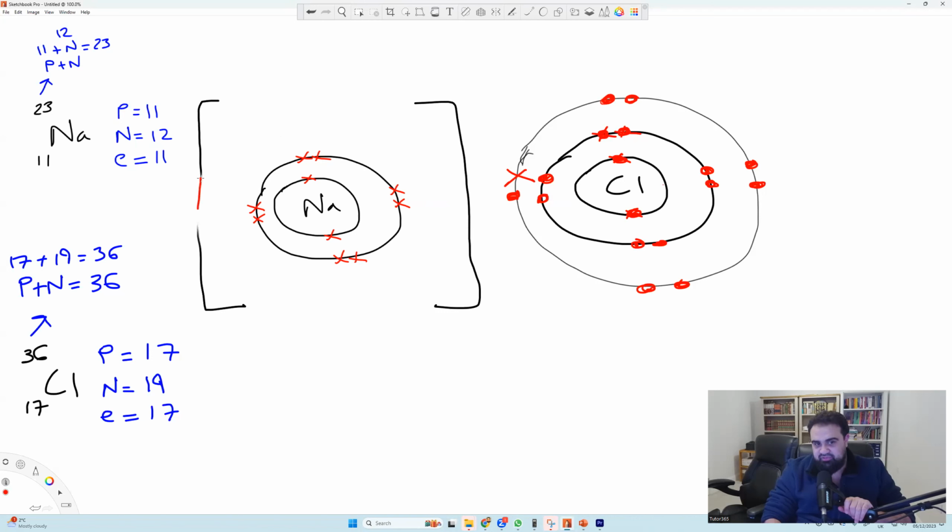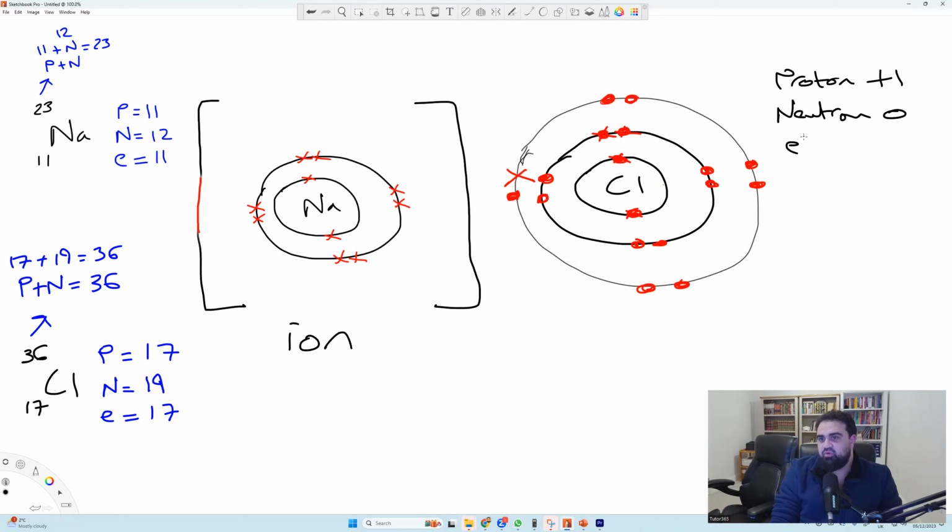And that was the purpose in the first place. So at this point, it becomes an ion. An ion basically means a charged particle. Do you know how it's charged? No. What's the charge on a proton, Rachel? It's +1. What's the charge of a neutron?